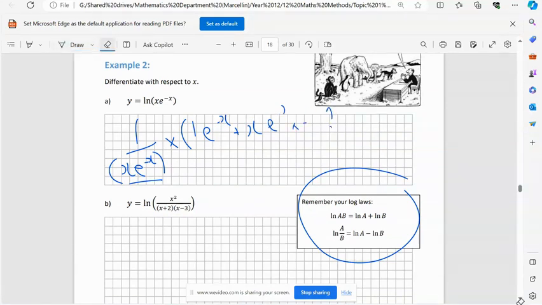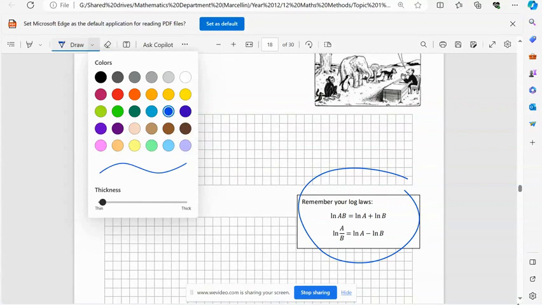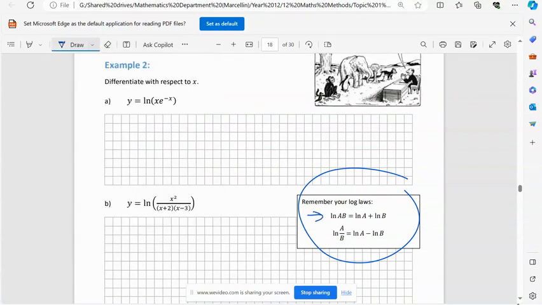So what we suggest you do is when you see something like this where there's sort of a product in there or a quotient, so you see in the second question below, there it is here, there's a quotient, we employ some of our log laws, and they're here, okay? So it basically says when you've got ln something where there's two things multiplied together, you can break it into two separate ones, okay? There's no number at the front, it's just one, okay?